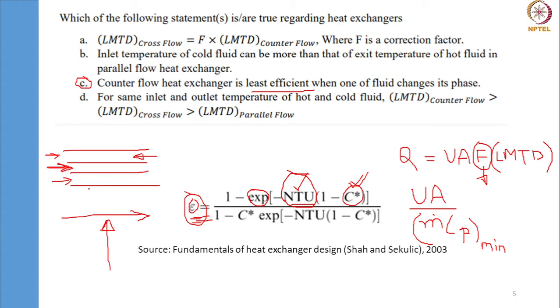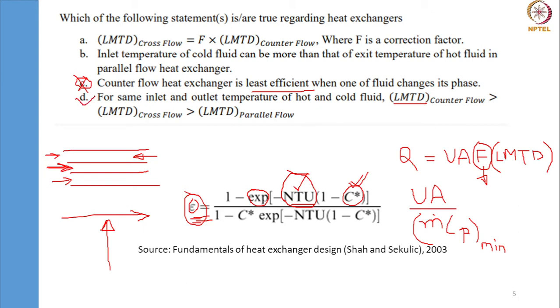Okay. So the third one is also not a general statement, so we cannot say even this. The fourth one, for the same inlet and outlet temperature of hot and cold fluid, is a well-known fact. Or else, to justify this, we can take a few numerical or general temperatures and check whether LMTD of counter flow is greater or cross flow is greater.